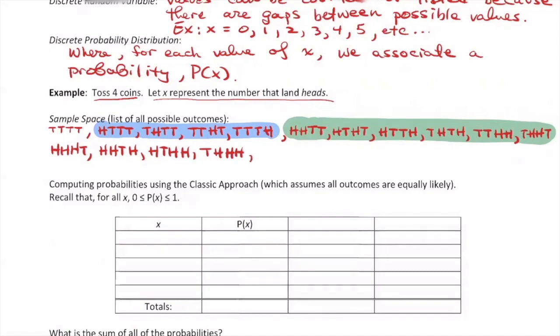So I'll highlight those separately. And what's the last thing that I need to list here, just in terms of heads and tails? All heads. So the very last one is H, H, H, H, like that.